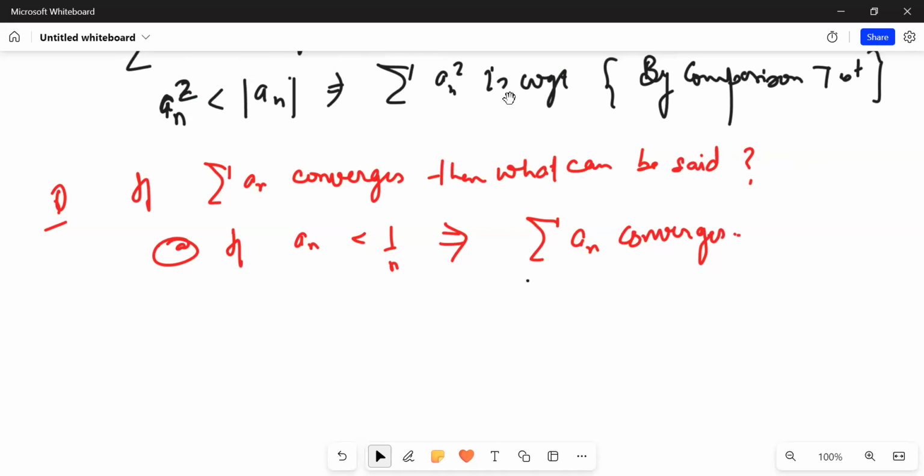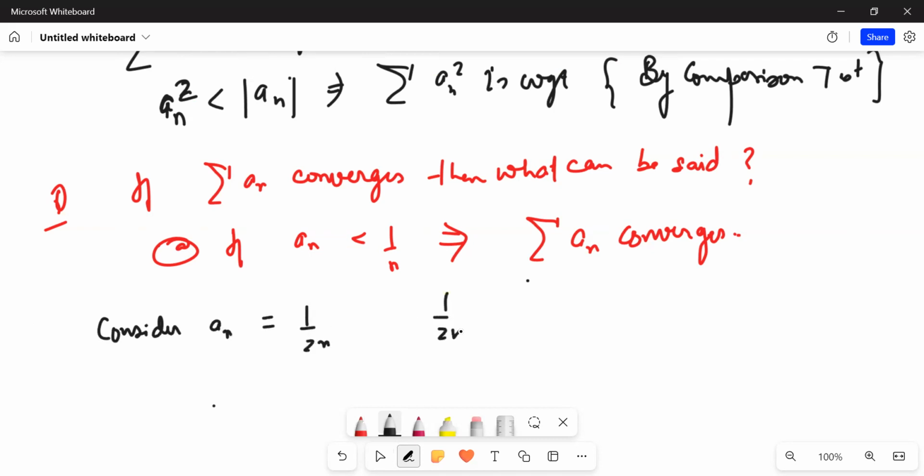Just think about this. See, consider an to be equal to 1 upon 2n. Clearly, 1 upon 2n is less than 1 upon n, but summation 1 upon 2n is equal to one half times summation 1 upon n.